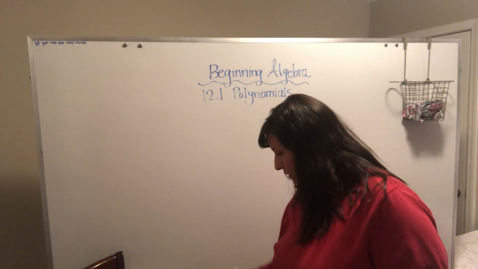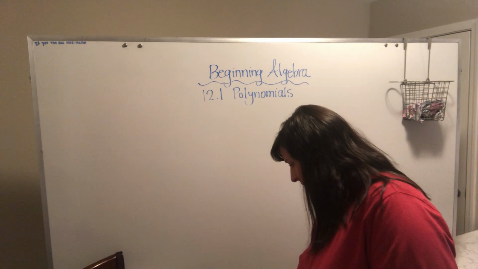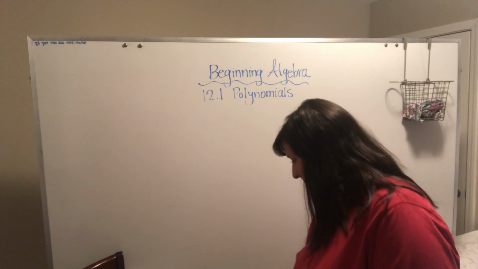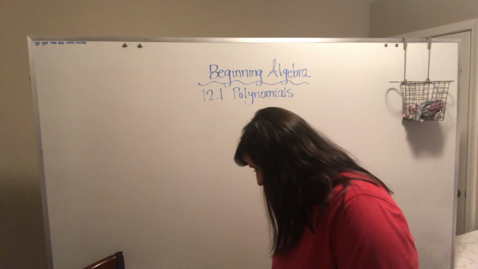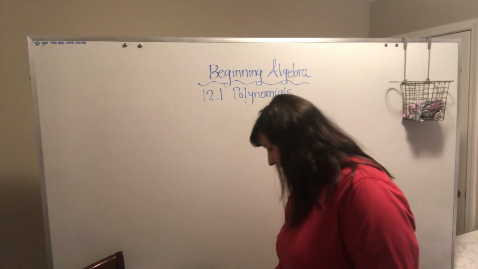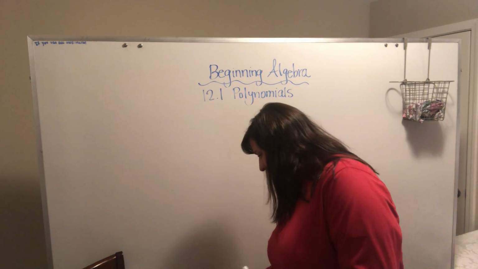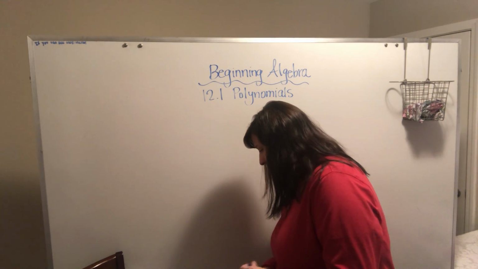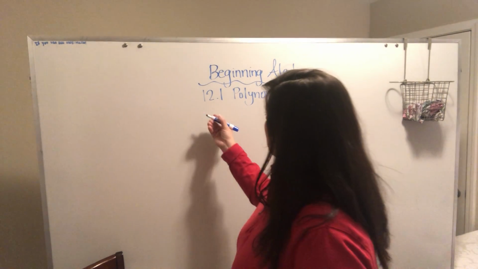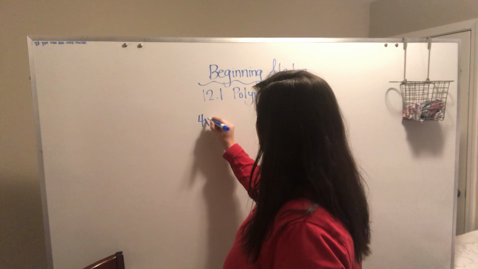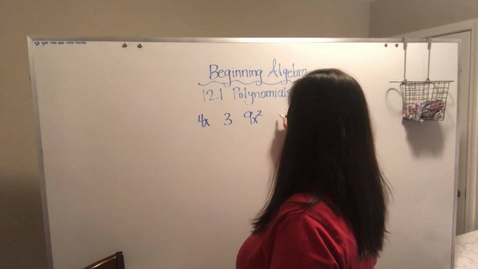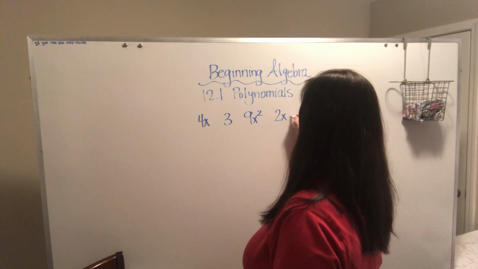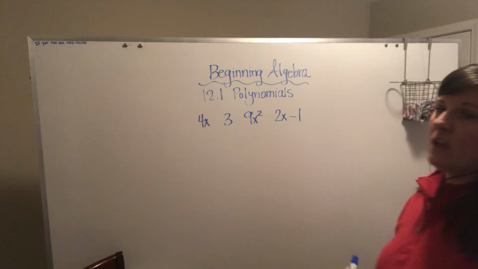Okay, and we need to go through a few terms here. So what does it mean to be a polynomial? You can look on page 651, they do a nice chart there, and they're talking about terms with expressions. Remember, maybe you have something like 4x, 3, 9x squared, 2x minus 1, okay?